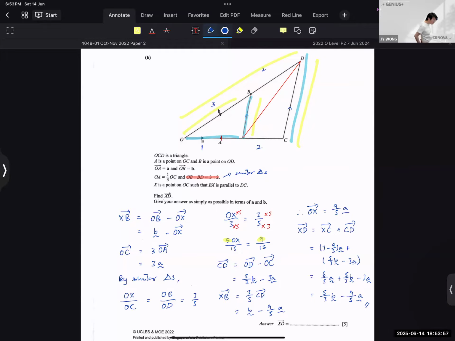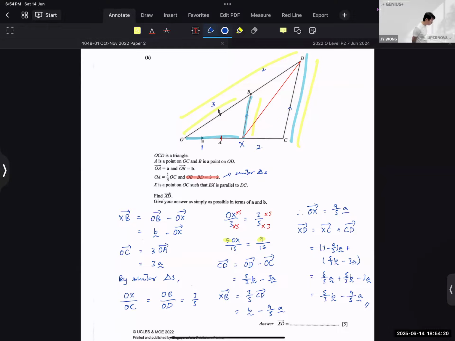We are basically making use of your similar triangles to find XB first. Because we can find the ratio of XB over CD, right? The ratio of XB over CD is the same as ratio of OB over OD. So we make use of that to go and find our vector XB, because we know that XB is equal to 3/5 of CD.